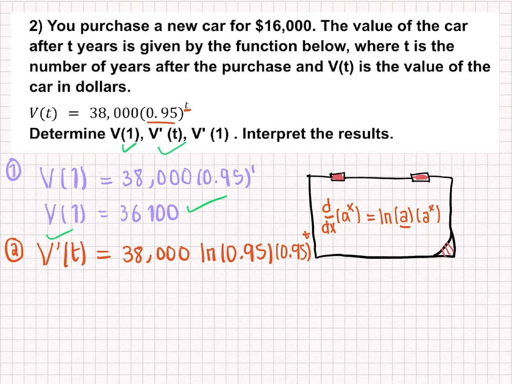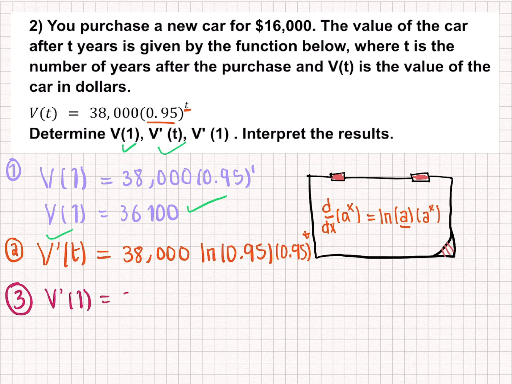Now for step number 3, we take the derivative of the function and we replace t with 1. So this would be step number 3: v prime of 1.